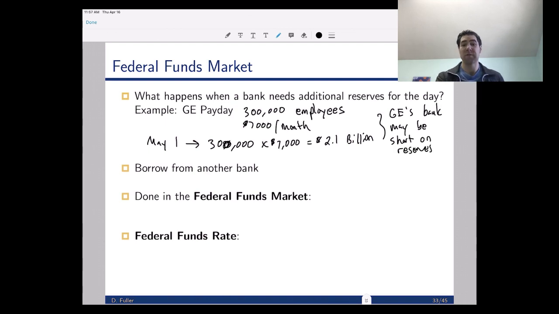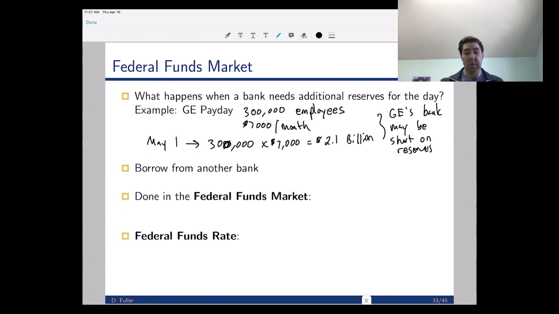So remember that the fractional reserve banking part means they don't keep all of their deposits on hand as reserves, and sometimes the transactions demands exceed the reserves that they'll have for the day. So what do they do? Well, we just said that when this transaction takes place, some banks are going to be flush with reserves, and GE's bank is going to be short. So GE would like to simply borrow some reserves temporarily from those banks that have extra. And that's what they do.